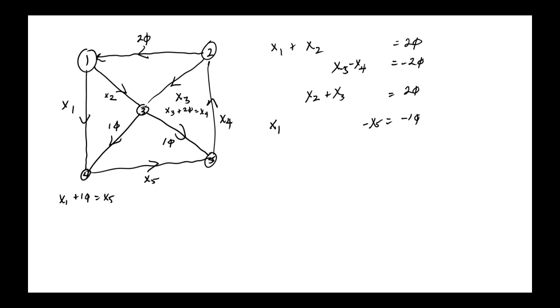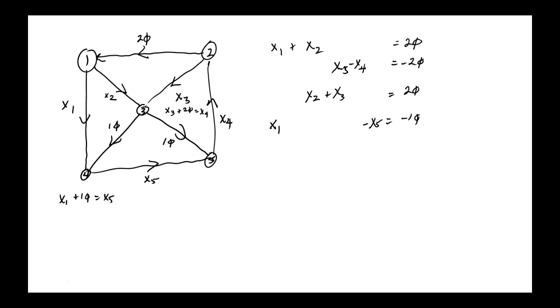So I wrote that down here: x3 + 20 = x4. Because over here, I want my matrix set up so that all the variables are on one side, numbers on the other side. We'll subtract x4 from both sides and subtract 20 from both sides. So that gave me x3 - x4 = -20.